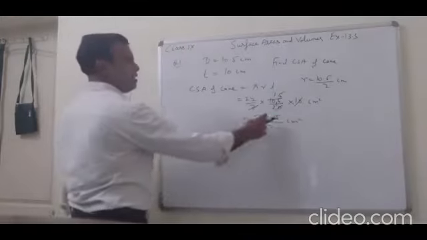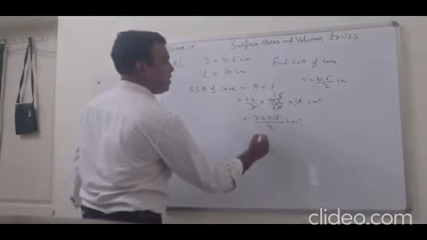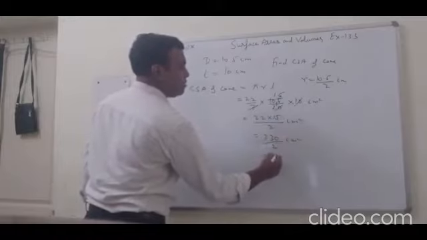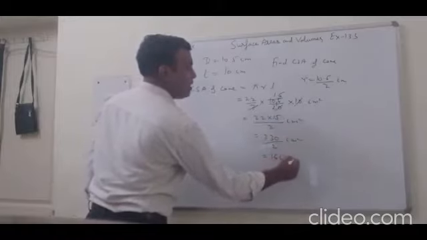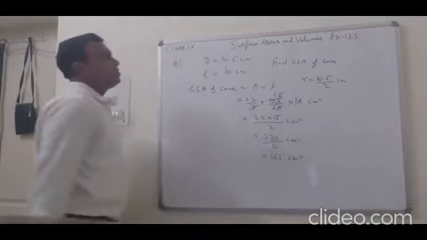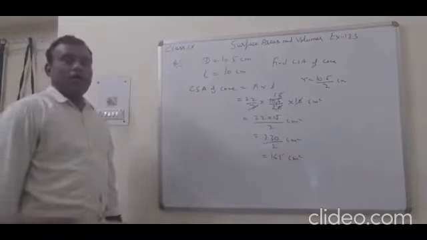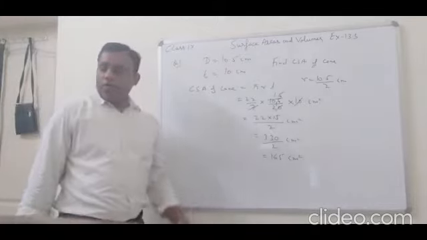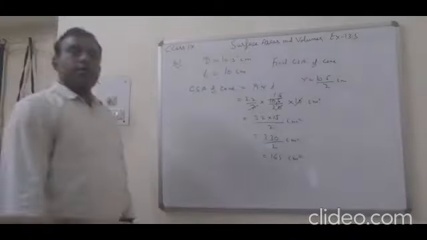Now multiplying 22 and 15 gives 330 upon 2 centimeter square. It becomes 165 centimeter square. So this is the curved surface area of the cone. Now I will take question number 2.